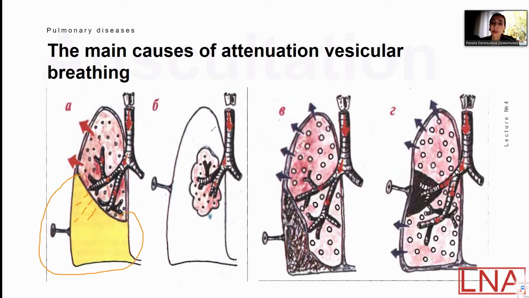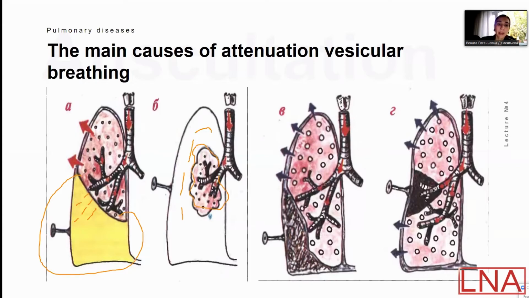Next, pneumothorax, pleural cavity, air. Yes, look, additionally lower, do not forget. Pneuma, it's additionally lower. Yes, a small area of healthy lung tissue, a small part.